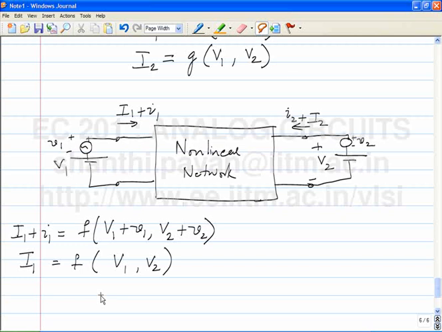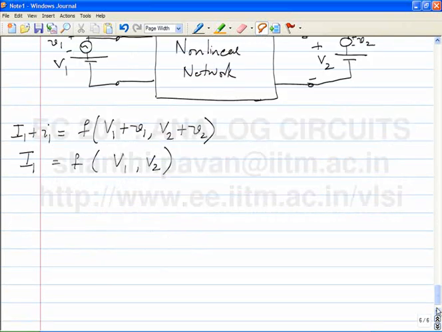Alright. From these equations, what do you get? If incremental v1 and incremental v2 are very small, how can you expand this? Can you expand this in a Taylor series?